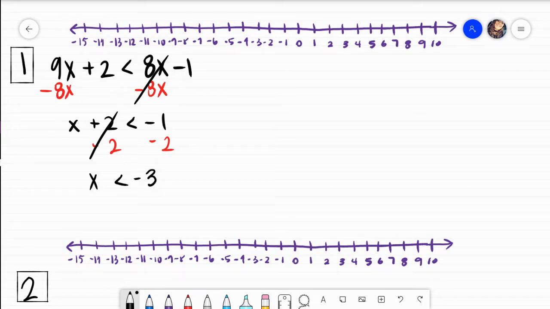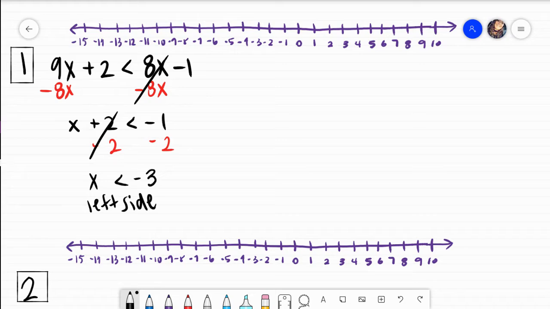So my x values can be the values that are strictly less than negative 3. They can't equal it. Less than negative 3 tells me the left side of negative 3, and it also tells me that I'm going to use a parenthesis.